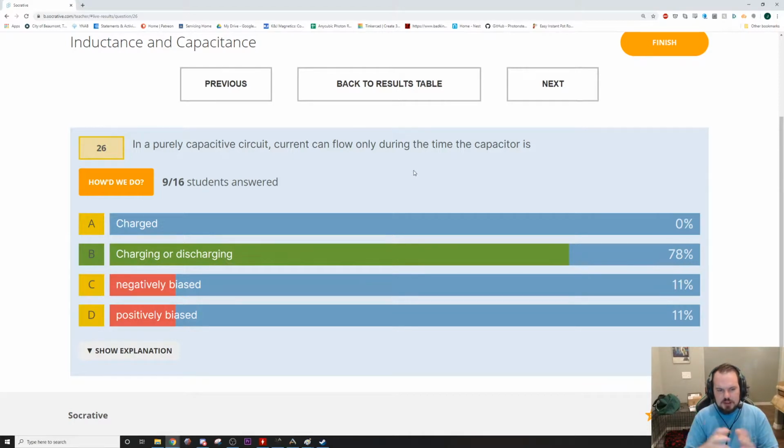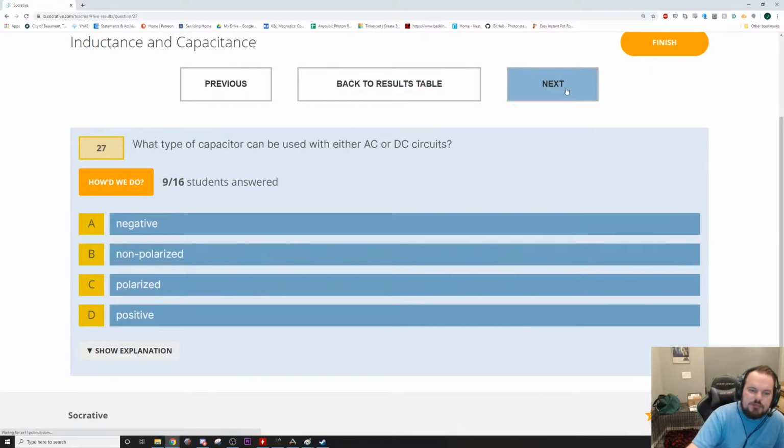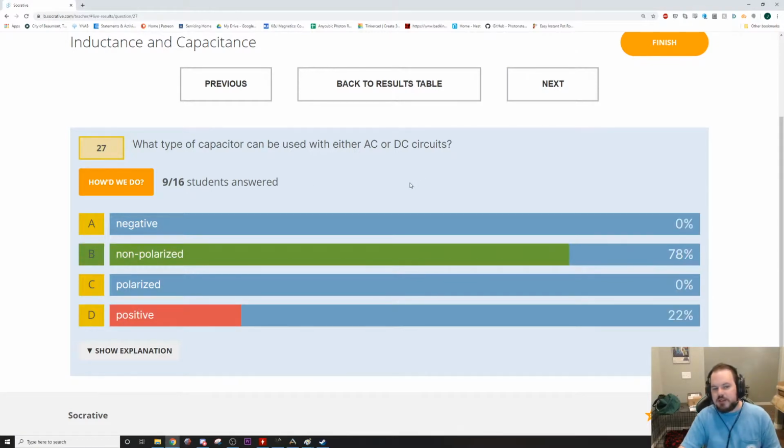Current can only flow while they're inflating or deflating. A non-polarized capacitor, there are some DC capacitors, because capacitors can operate in a DC circuit, but they will block current flow whenever they get fully charged. So they have a completely different use in a DC circuit versus an AC circuit.